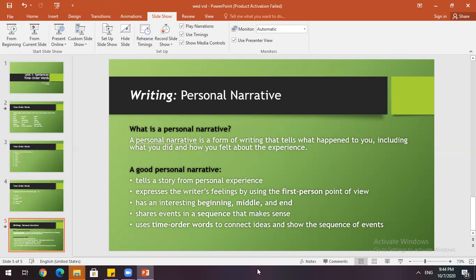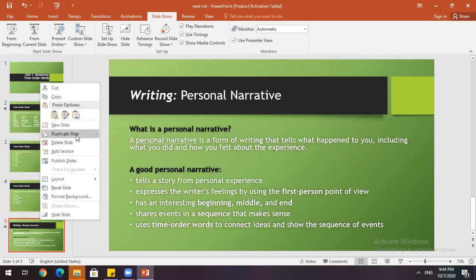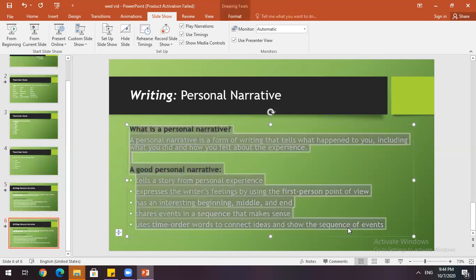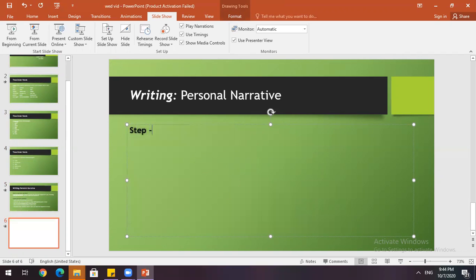Okay, so when we are writing a personal narrative, there are steps that we follow. Step one is, who can guess? Step one is to pre-write. What does it mean to pre-write? By pre-write, this means that you organize your ideas before you start writing, after identifying your purpose and your audience.